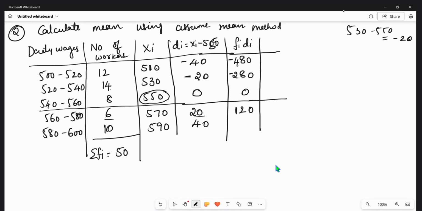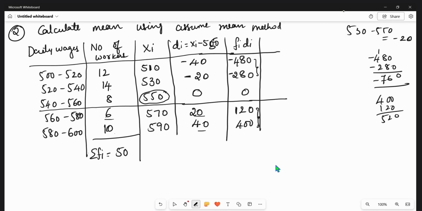Then 10 into 40, 400. So these two are positive numbers and these two are the negative numbers. First add them separately. Minus 480 and minus 280, minus 760 we will get. 400 plus 120 we will get 520.